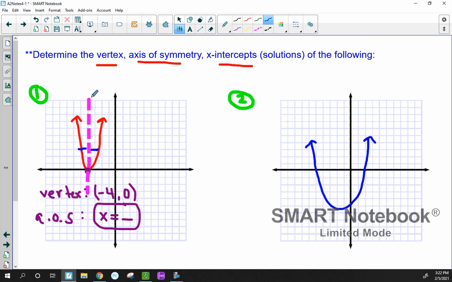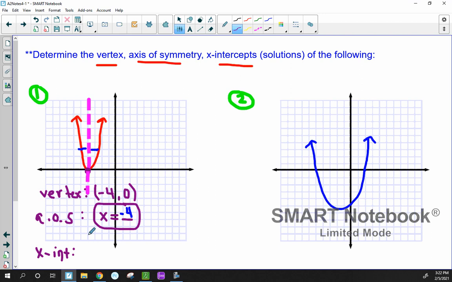So how do I describe that? Well, the vertex is (-4, 0). The axis of symmetry is the equation x equals -4. And then third, find the x-intercepts or the solutions. Again, solutions, tying it back to what we just finished in the last unit. What are the actual answers to this quadratic equation?